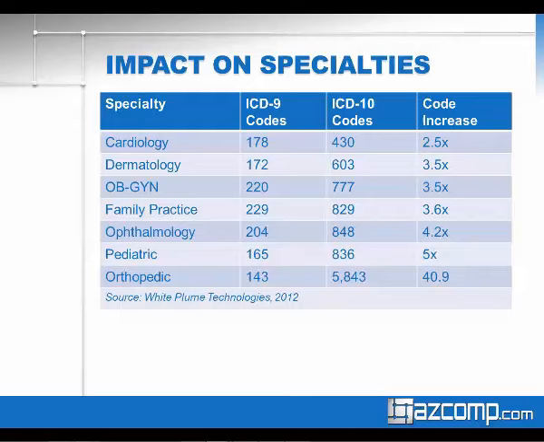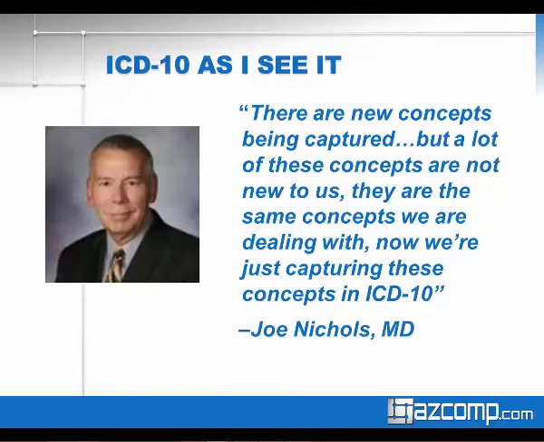Orthopedics, dealing with the musculoskeletal system and fractures and things like that, the number of codes has increased drastically. They're the hardest hit, I guess you would say, by the number of codes that are available. But on a varying scale along there, you can see cardiology at the top, not quite as impacted. So again, depending on your specialty, that impact may be different.